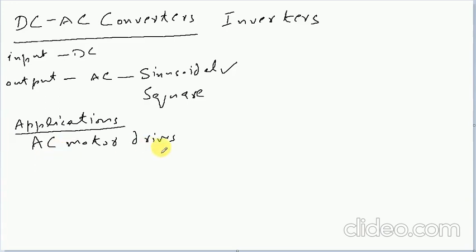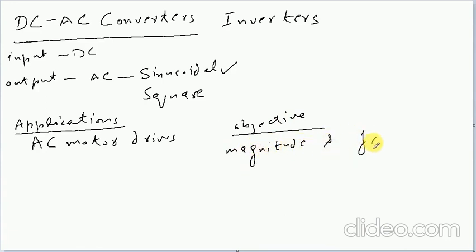Because, as I mentioned, the objective in this case is that we should be able to control the magnitude and frequency of the sinusoidal output voltage.